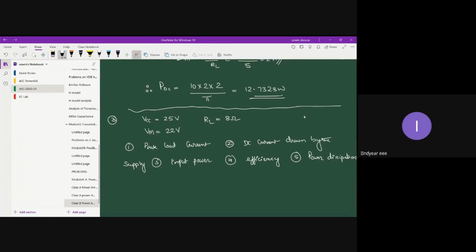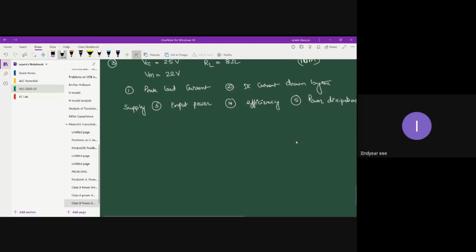Okay, so this problem had come for 10 marks. Okay, all are very important problems.